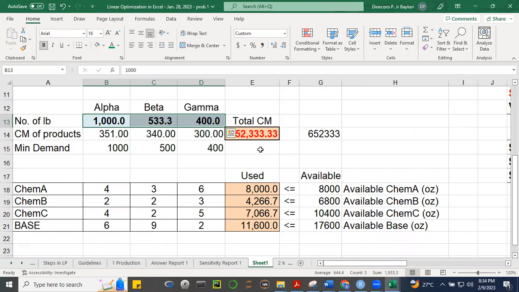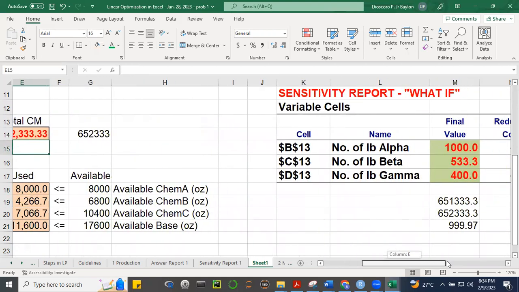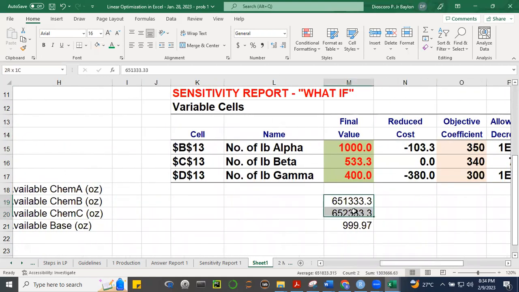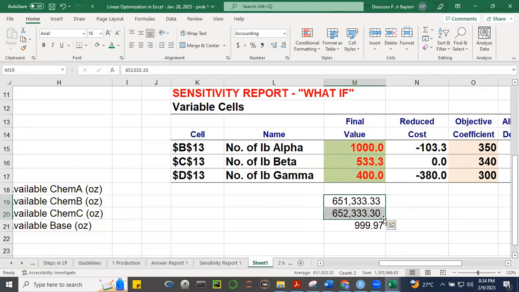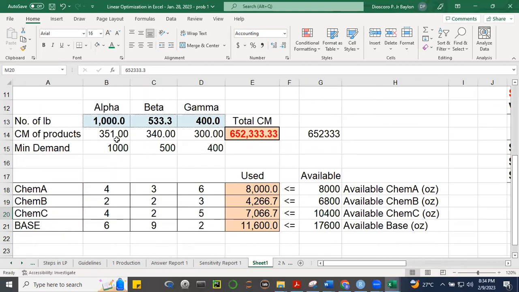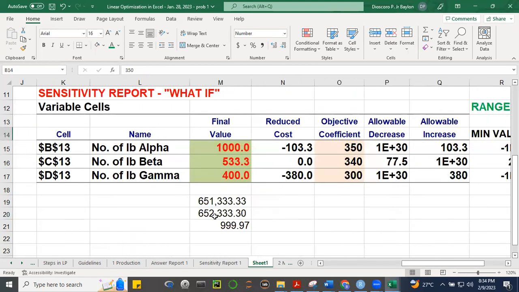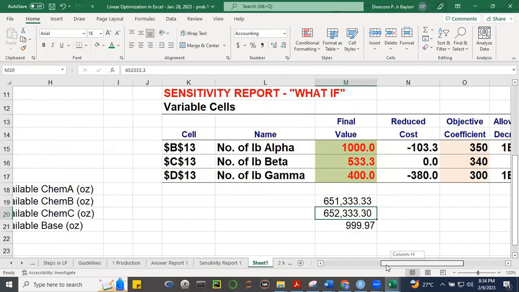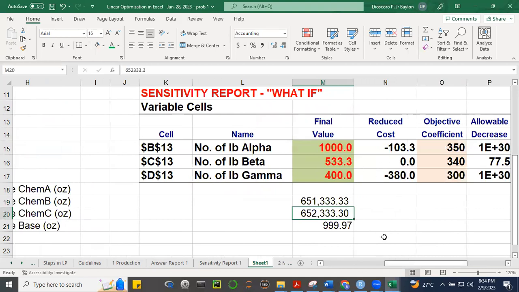Our total CM became 652,333. Kanina, 651,333, di ba? If this was 350. Ang ginawa natin itong 351, this became 652,333. Okay, so that does not answer this reduced cost.